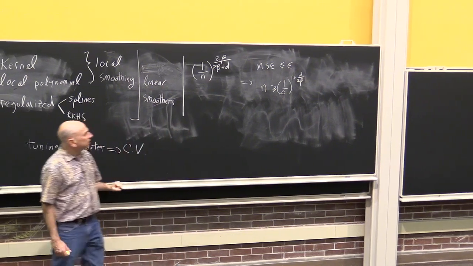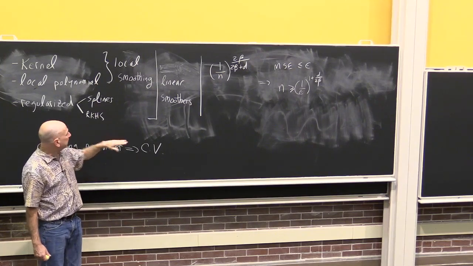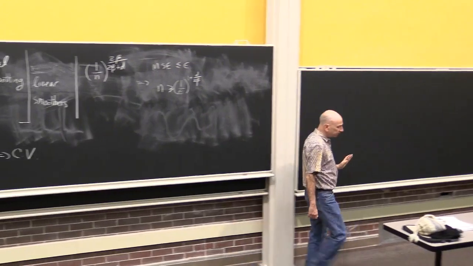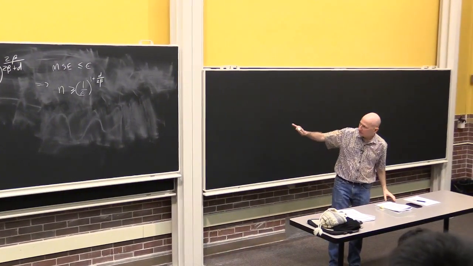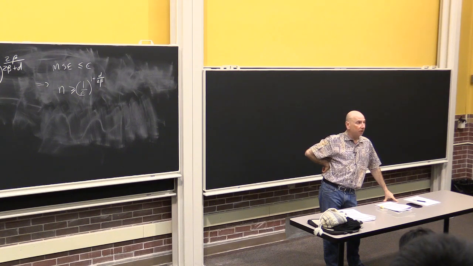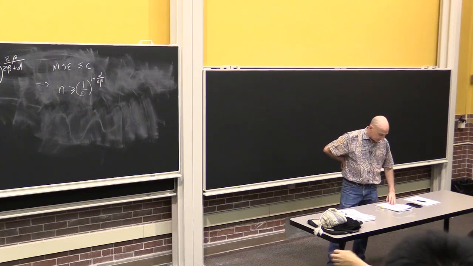And this is, of course, based on this minimax theory. But in principle, apart from this problem, everything we said, whether we use local polynomials or kernel smoothers, whatever, can be applied to an arbitrary dimension. It's just not guaranteed to be accurate.